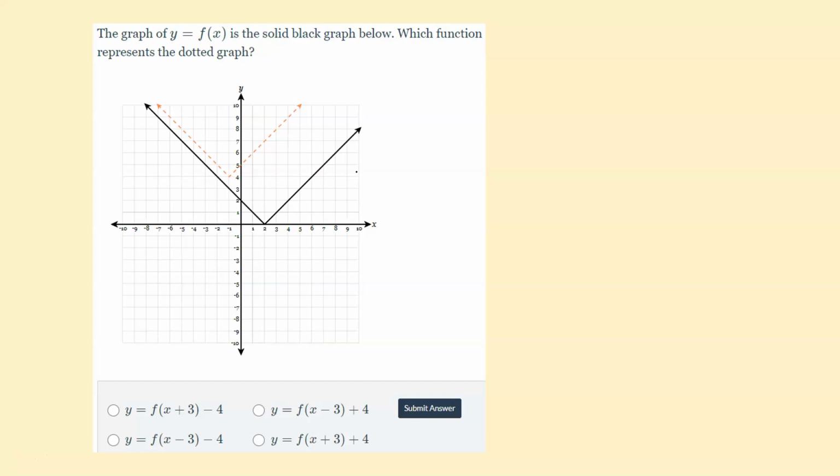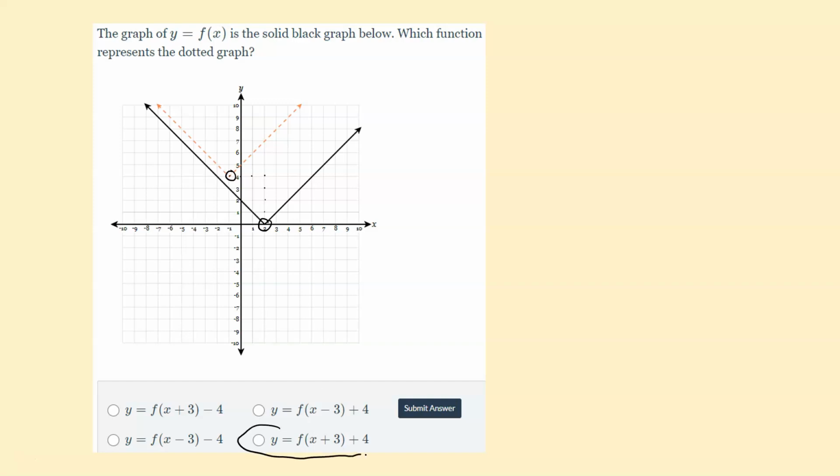That is worth noting. So this point right here moves to this point right here. So we're shifting up 1, 2, 3, 4, and left 1, 2, 3. That means we're adding 4 outside the function and adding 3 inside the function.